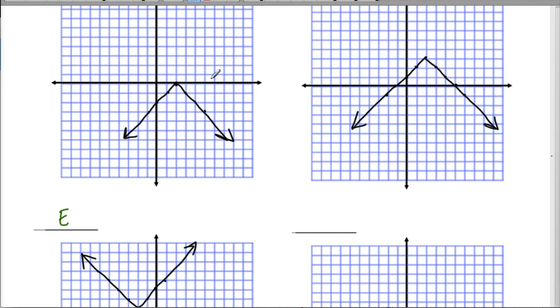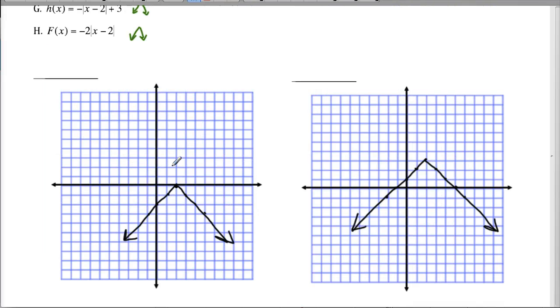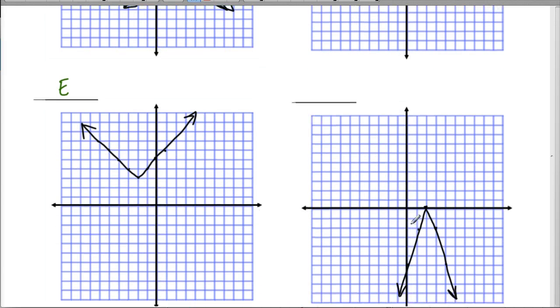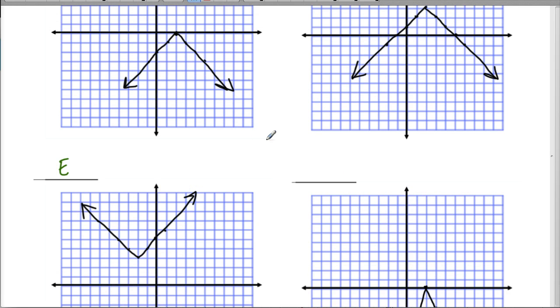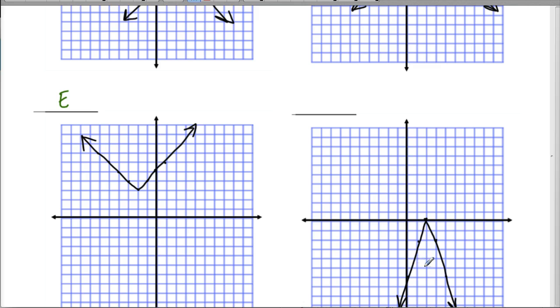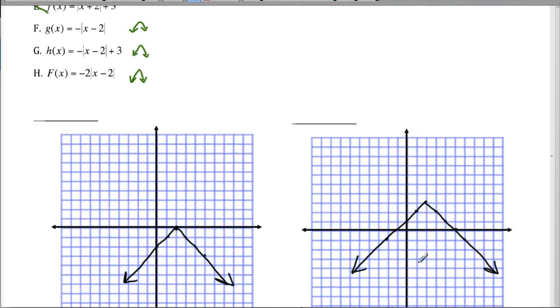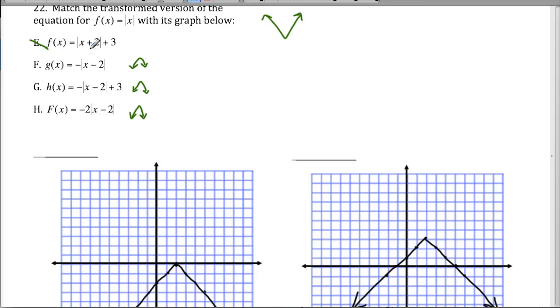This one is moved to the right, and then this one is moved to the right, but it gets skinnier, right? It's skinnier than these other three. And so I know that means there's also a vertical stretch going on here. So I look back up here, and I know that F doesn't have a vertical stretch. So this is the one that's moved to the right, doesn't have a vertical stretch.